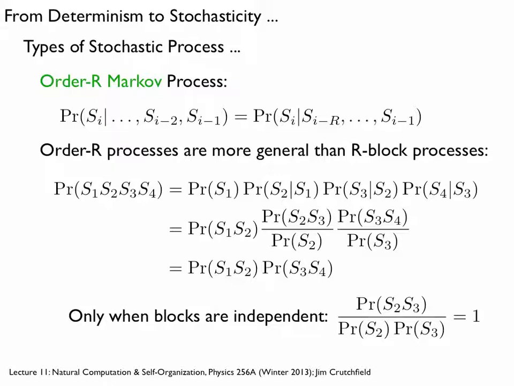So in the order R Markov process, the dependencies are like a sliding window, whereas the blocks are just fixed. At the end of the block, there's no more statistical dependence. So the order R Markov processes are more general. There is a wider range of processes that you can represent with an order R Markov process than with block processes.